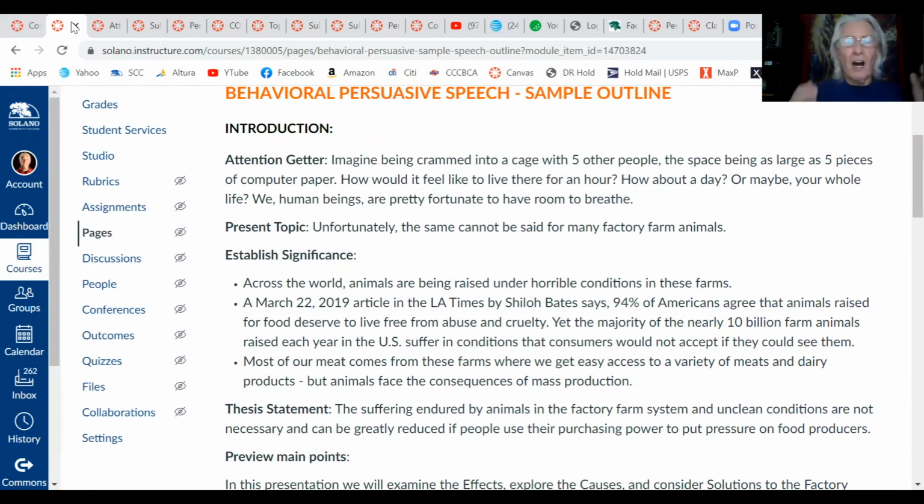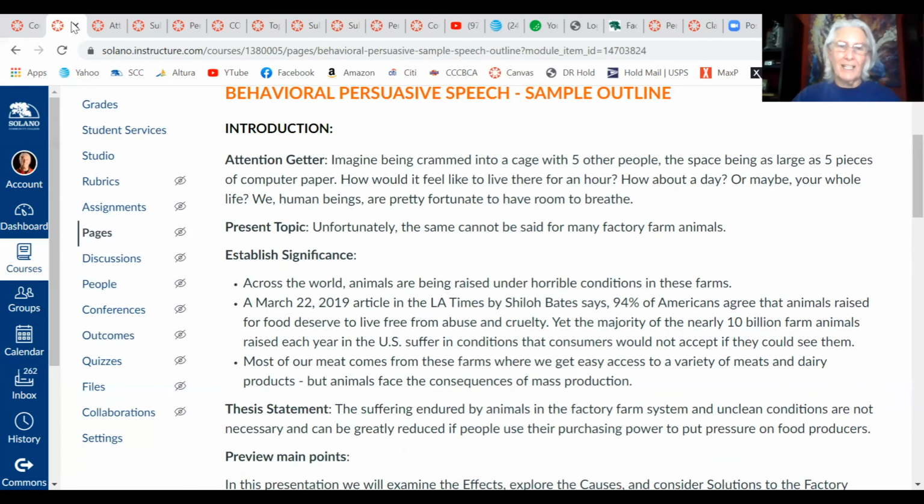But, and this is the behavioral persuasive speech, for your attention getter, if you're trying to get the audience to solve a particular problem, a great attention getter is to begin with an actual real world story that you find in your research of somebody who's been adversely affected by the problem. Let's say that you're doing a persuasive speech on how we need to better protect our identity so we don't get our identity stolen.